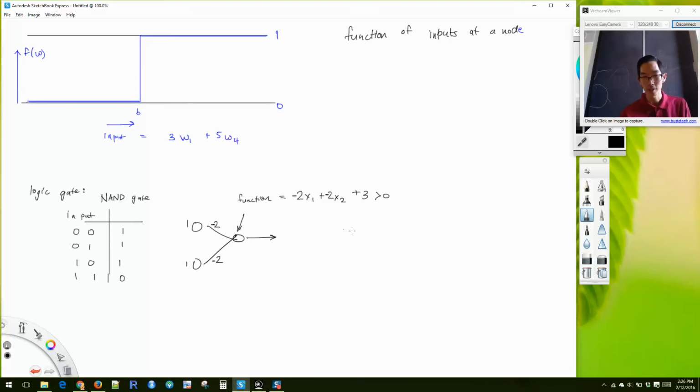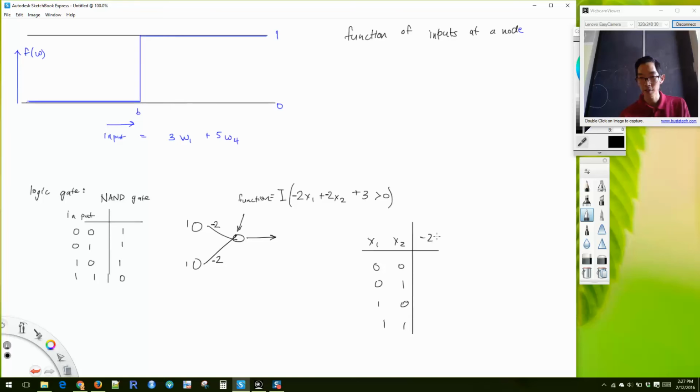So here, if x1, x2, kind of our function. So basically it's an indicator. Is it greater than 0? Okay, so we have 0 and 0, 0, 1, 1, 0, 1, 1.